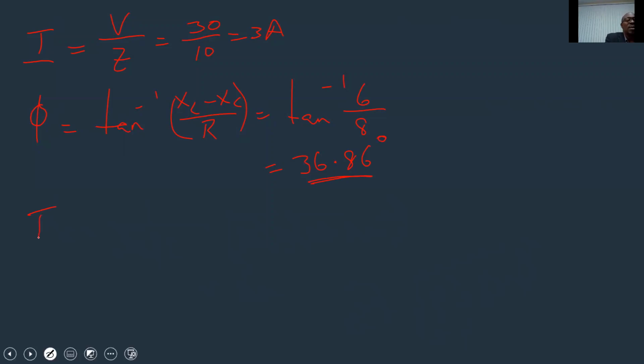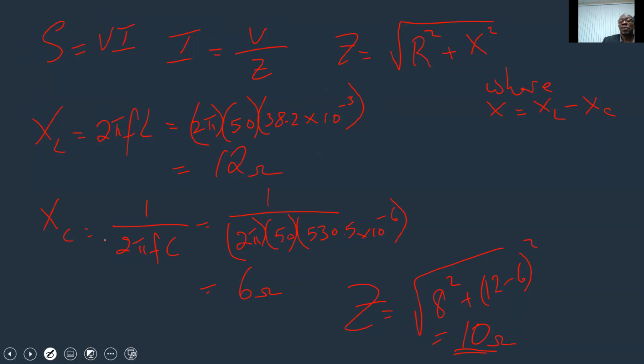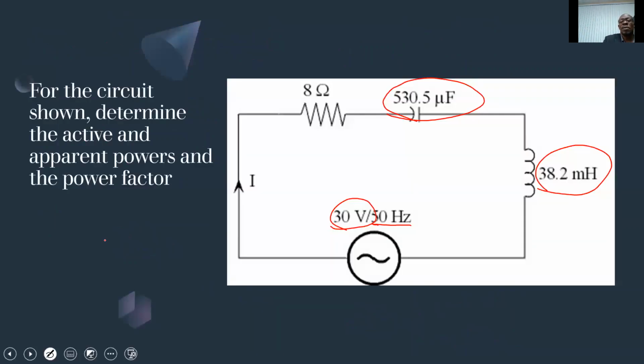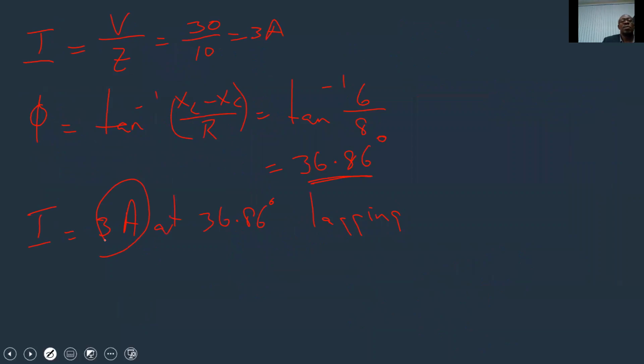So the full answer is that I is equal to 3 amperes at 36.86 degrees. And this is, of course, lagging, and it's lagging because XL is greater than XC. So we have the RMS value of our current, and we have the RMS value of our voltage, which is 30.